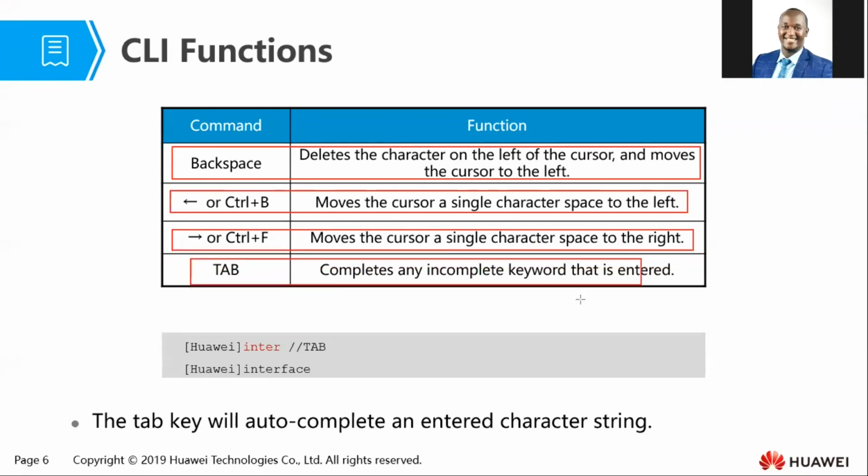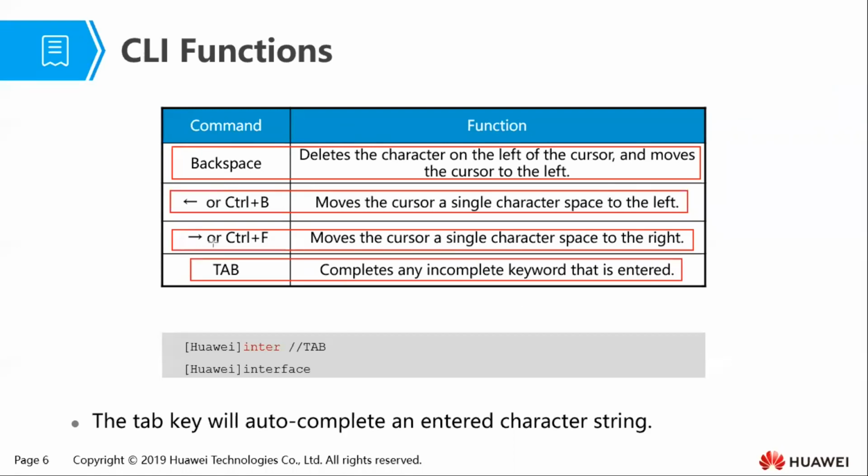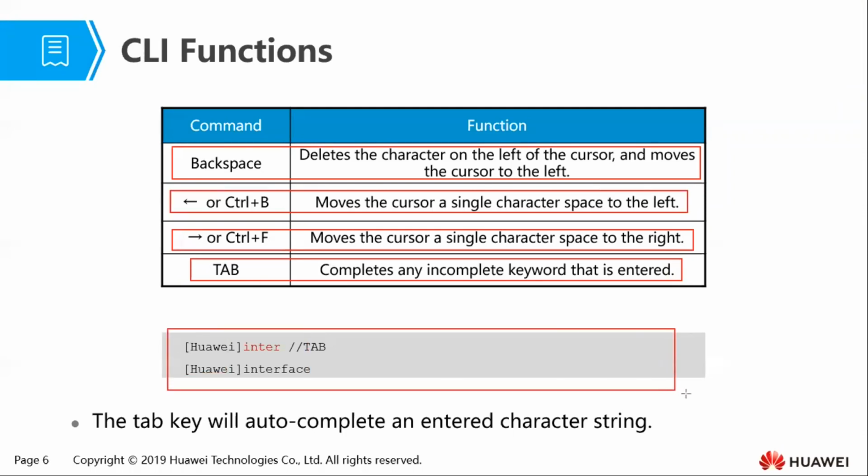Then in this particular example, we illustrate the use of the tab. So the tab is used for autocomplete. So for example here, we are in the system view and we type the keyword INTER.